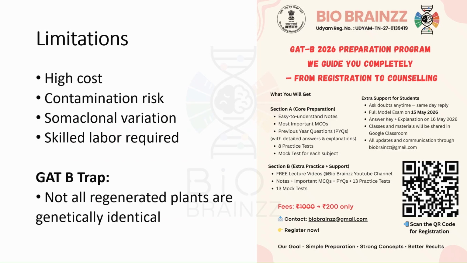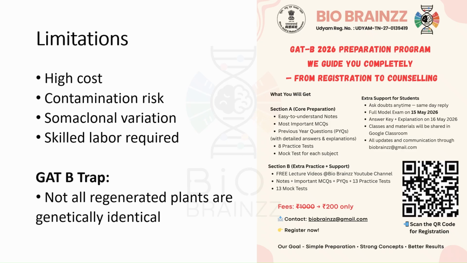Although plant tissue culture has many advantages, it also has some limitations. One major problem is high cost because it requires special equipment, sterile conditions, and skilled labor. Also, contamination by bacteria or fungi can easily spoil the culture.